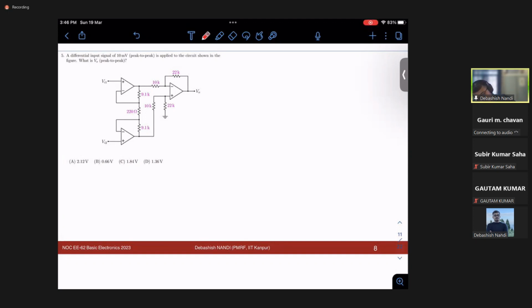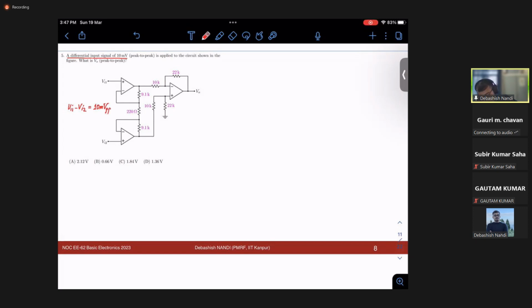So what they're asking is that a differential input of 10 millivolt peak to peak, that means your Vi1 minus Vi2 is 10 millivolt peak to peak, is applied to the circuit shown in the figure. So what is V naught? They want us to find that out.